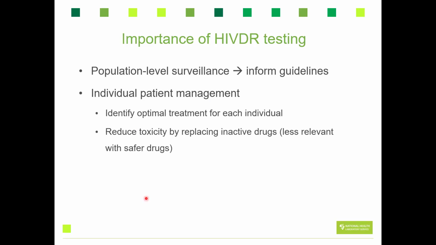But this option is less relevant with the safer drugs. Obviously, if you have very little side effects, then this is not as important. And also to avoid unnecessary treatment switches. In the case of DTG, if you have a patient failing a DTG-based regimen, but there are no DTG mutations, there is no reason to switch them off a DTG-based regimen, okay, unless there are side effects.